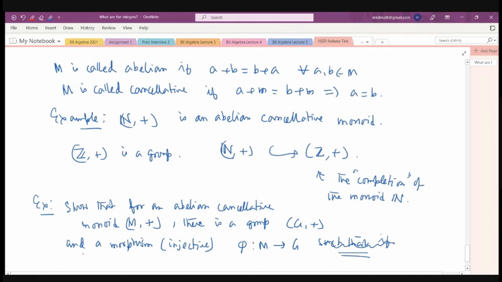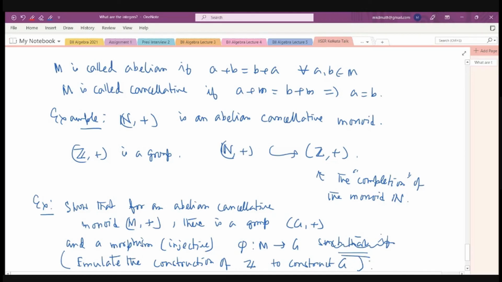So the point is that the exercise is to emulate the construction of Z to construct G. I'm saying that in place of natural numbers, you take this abelian cancellative monoid M, and you take this M cross M, then define a similar equivalence relation, then you can construct a group G.